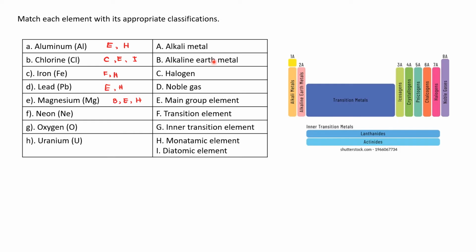Magnesium is an alkaline earth metal and a main group element and a monatomic element. Neon is a noble gas, main group element and a monatomic element. Oxygen is a main group element plus a diatomic element. Uranium is an inner transition element and a monatomic element.